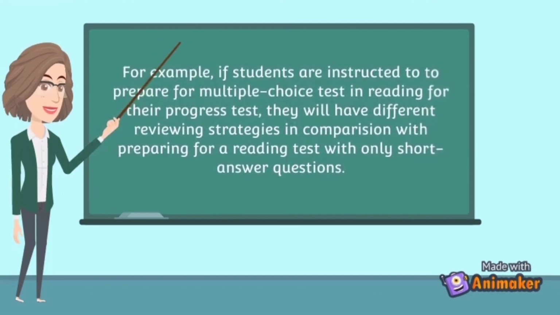For example, if students are instructed to prepare for multiple choice tests in reading for their progress tests, they will have different reviewing strategies in comparison with preparing for a reading test with only short answer questions. Another form of washback happens more regularly in classroom assessment as the students learn from their strengths and weaknesses after the test.